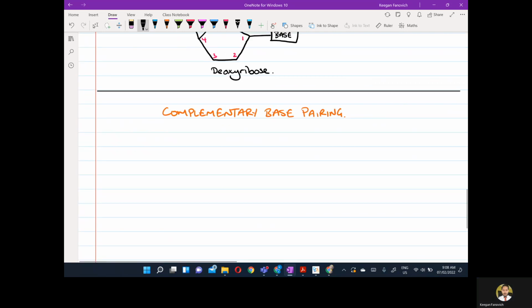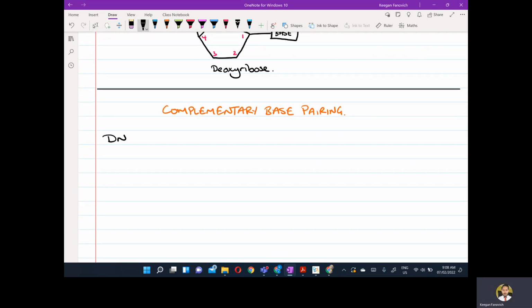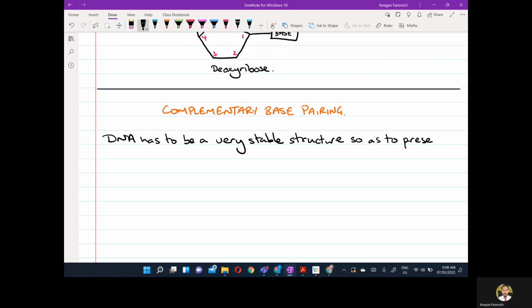Okay. All right, so first up, the same thing I was telling you is that DNA has to be a very stable structure so as to preserve the information it carries.